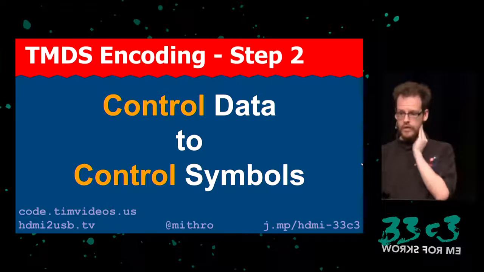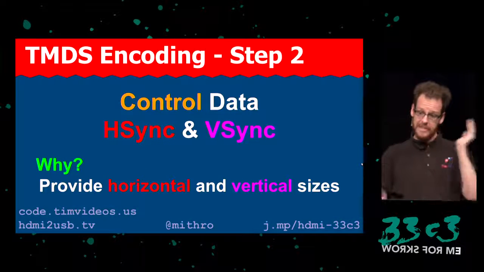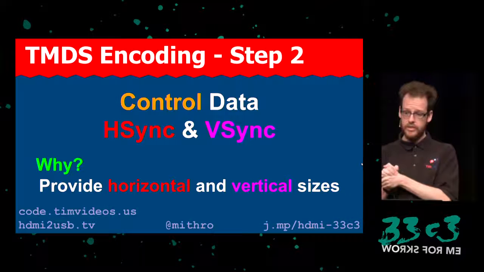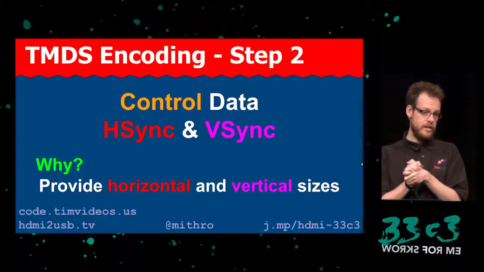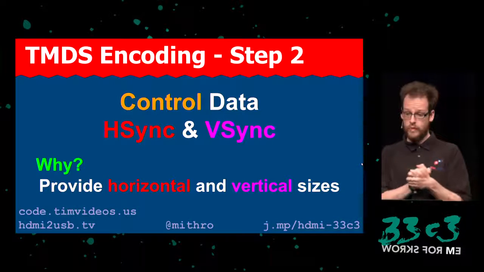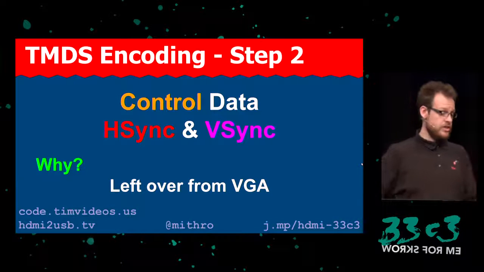So how do you convert control data to control symbols? First, we need to know what control data is. There are 2 bits. There's the H-sync and the V-sync signal. They provide basically the horizontal and vertical pixel sizes. They're kind of left over from VGA.